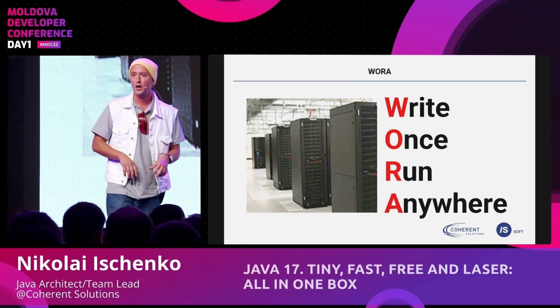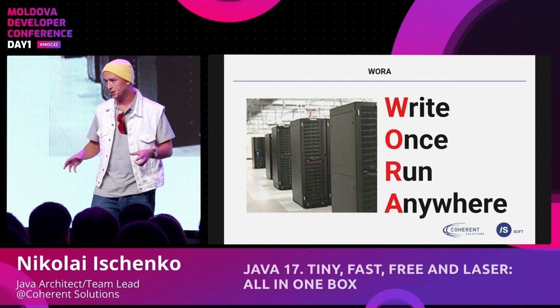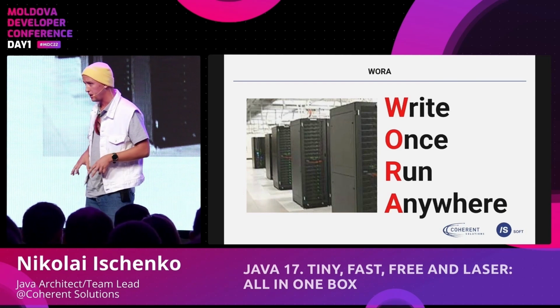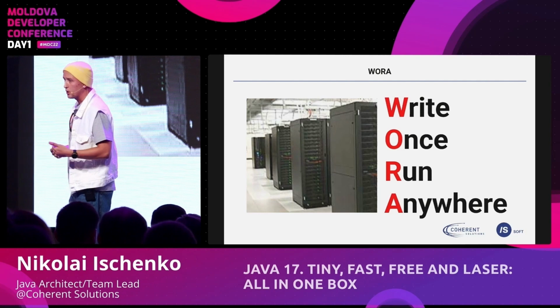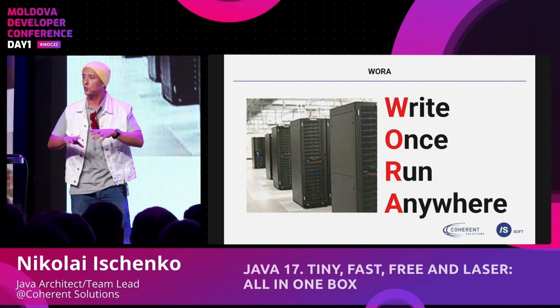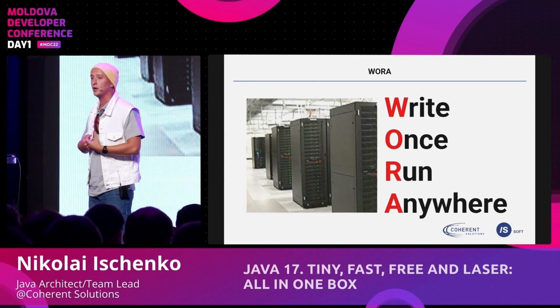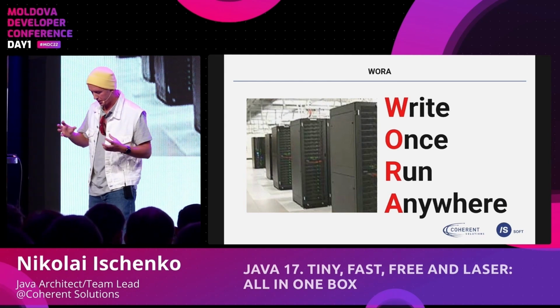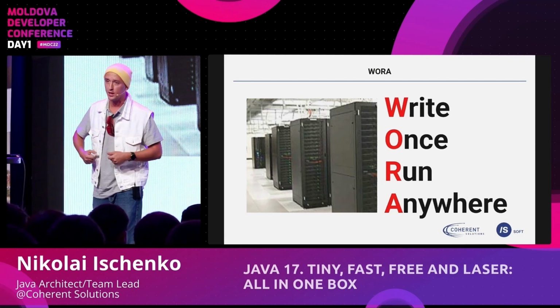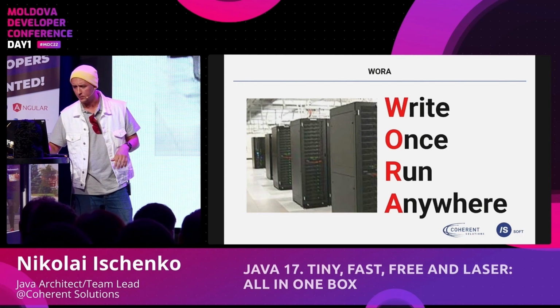It doesn't matter whether it is x86 or ARM architecture. But nowadays, when we talk about Java, we usually think about mainframes, really huge Java applications which we have to build and deploy to prod. But what about another side of Java?